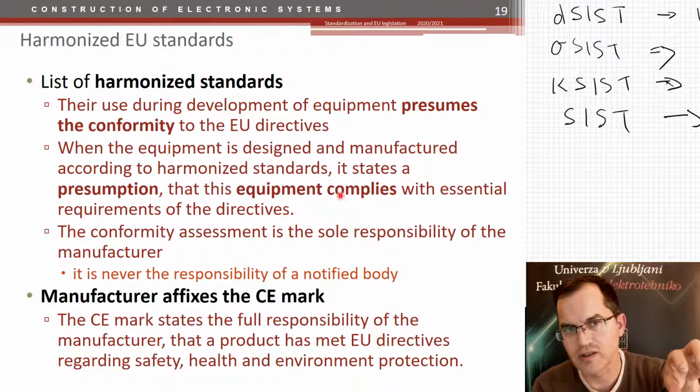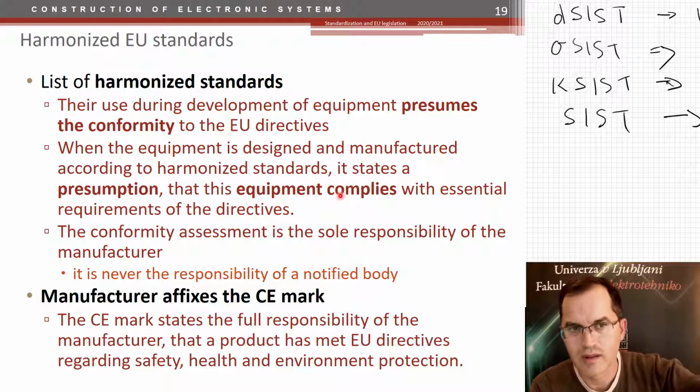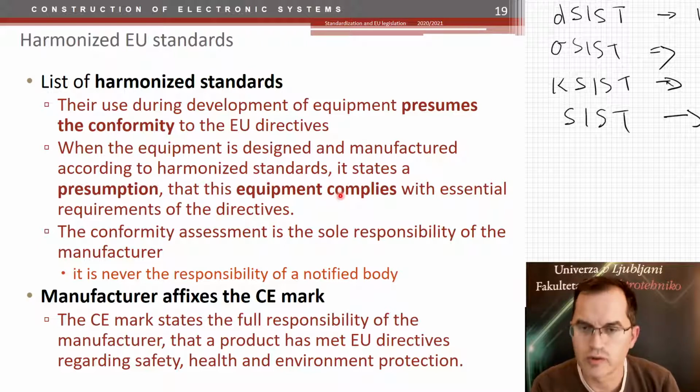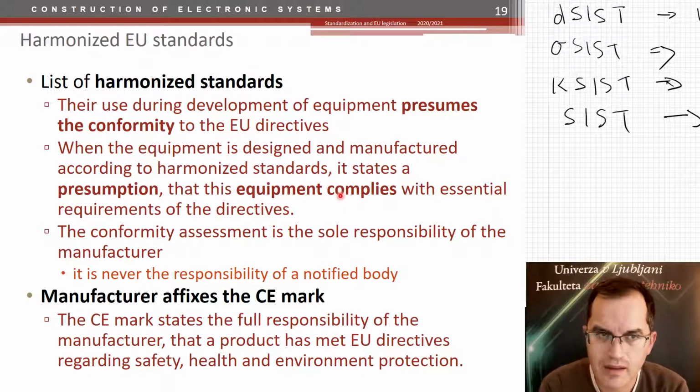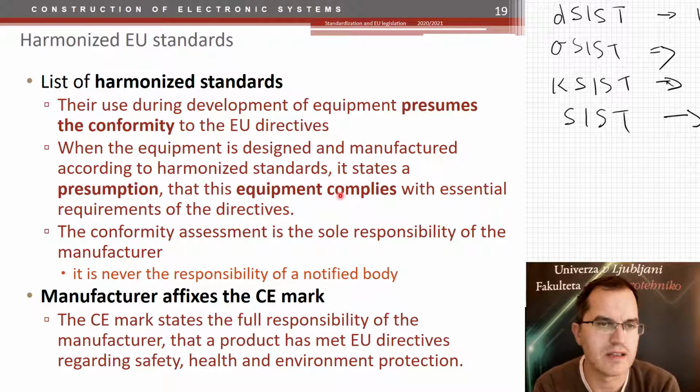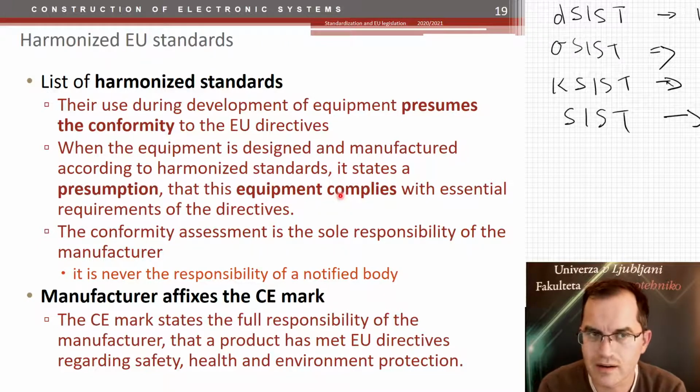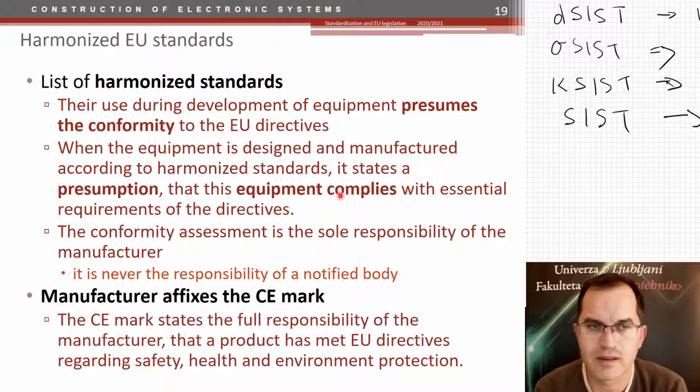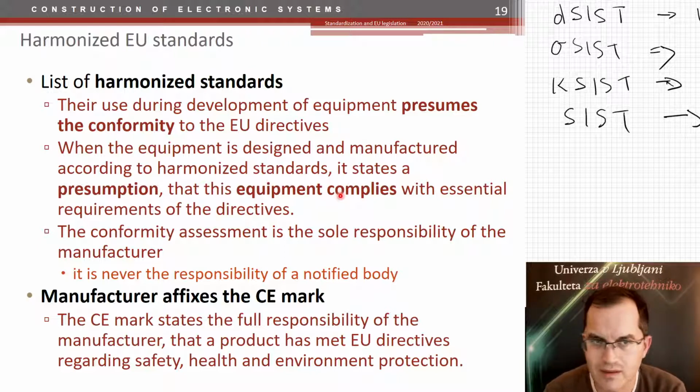So if the European Commission says, okay, for a CE mark I will now include this and this and this to be essential or obligatory to wear the CE mark, then the CEN should develop standards for it, and these will be harmonized standards. So harmonized standards define all the properties and also the measurement and all the rest that is needed for the European goods that are obligated to be equipped with a CE mark.